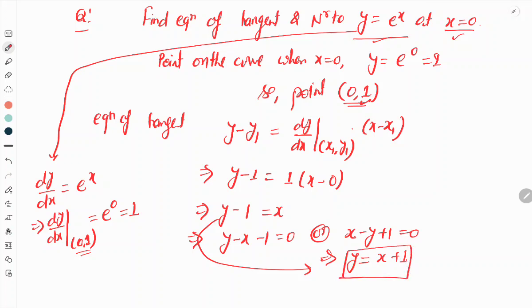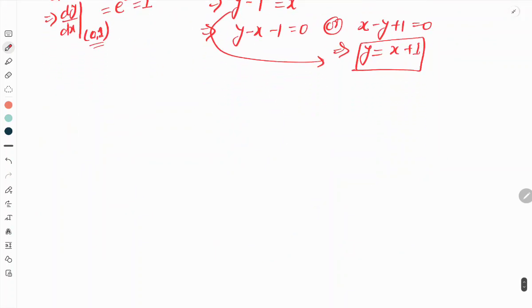Correct? I want to tell you one more thing. Any line you can write in the form y is equal to mx plus c.